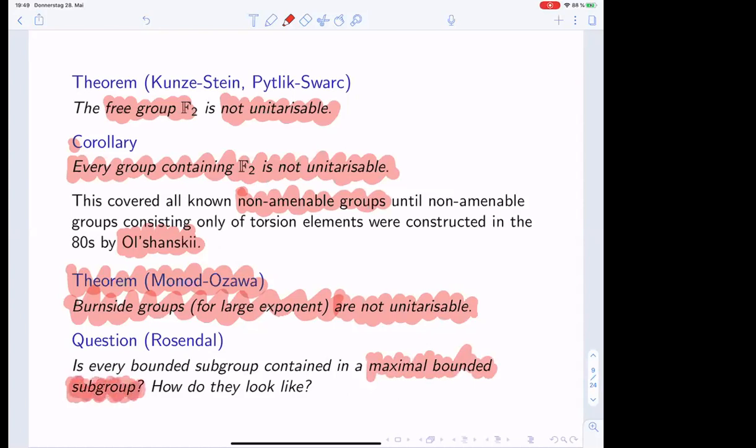Christian Rosendal has studied this problem in some form, and it's an open problem to answer this question. And there are not many examples of maximal bounded subgroups. How do they look in general? It's completely unclear. So even though the question is quite natural, this is a problem that does not have a satisfactory answer at the moment.